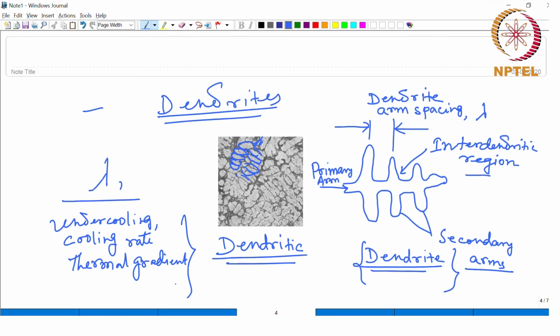These parameters will have a significant influence on the structure of the dendrites, or the size of this dendrite, which is given in terms of this lambda.